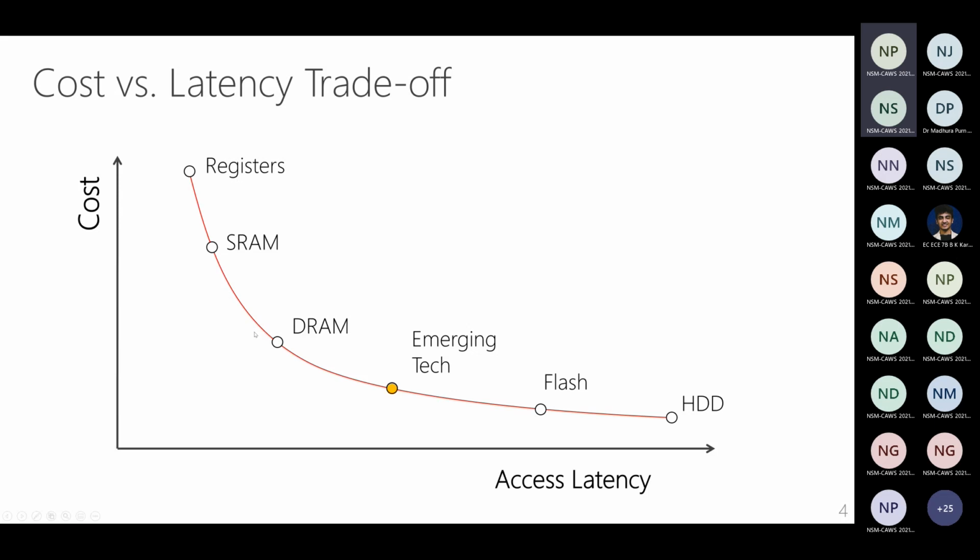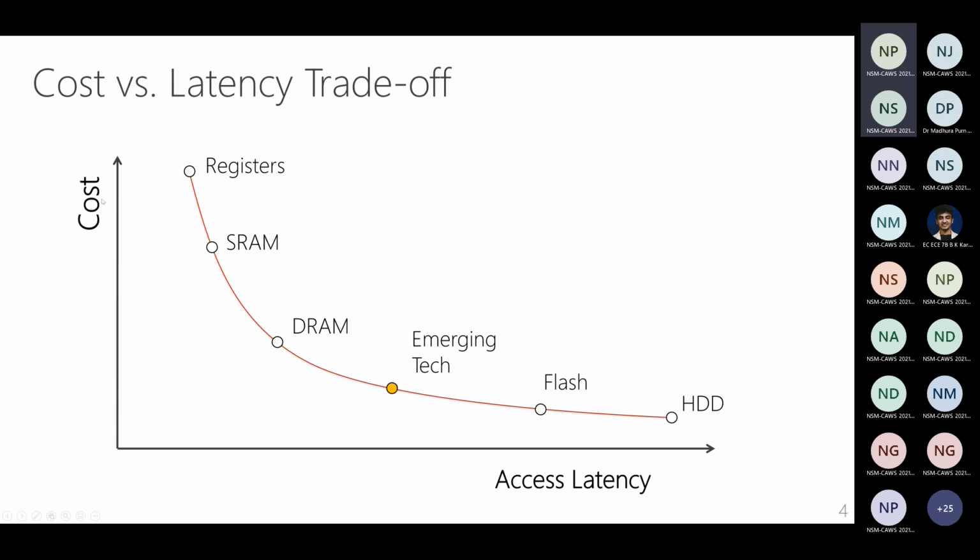You can imagine there are designs which essentially convert DRAM into a non-volatile device by pairing it with some non-volatile memory. And even in those designs, your access latency for DRAM will be much lower, whereas the cost will be much higher, right?